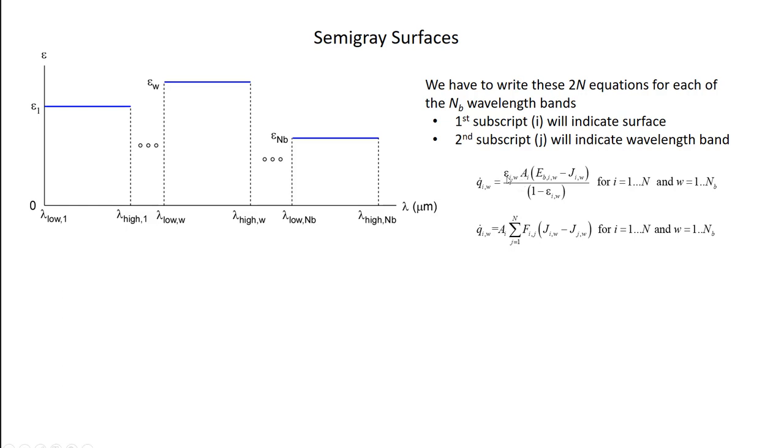So this is the emissivity for surface I in wavelength band W, right? So for example, I would have a picture like this that would give me the emissivity in every wavelength band, and I have a picture like this for every single surface, right? So this would be epsilon for surface I in wavelength band W, epsilon IW.